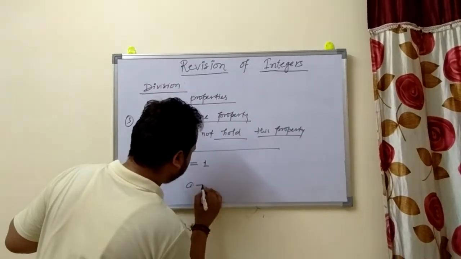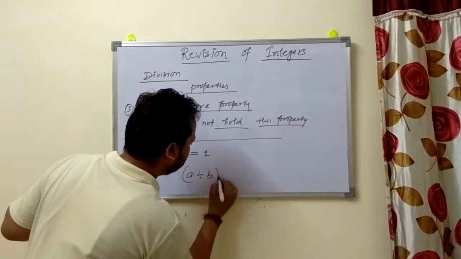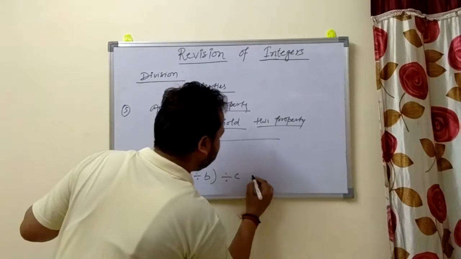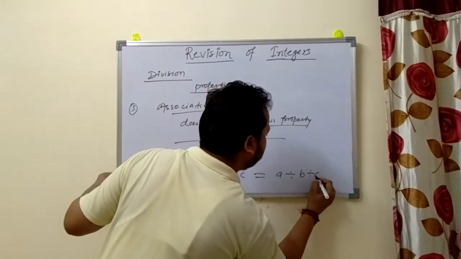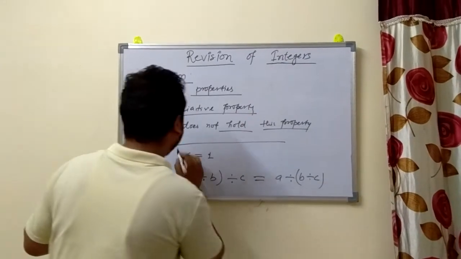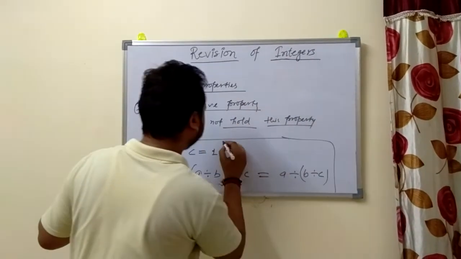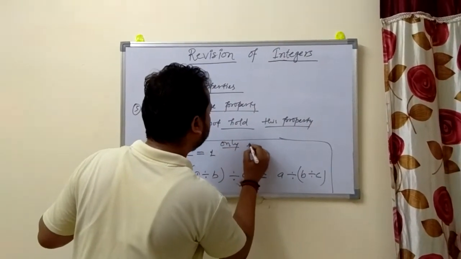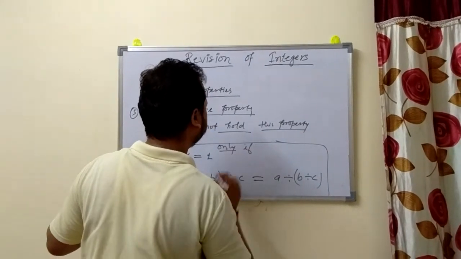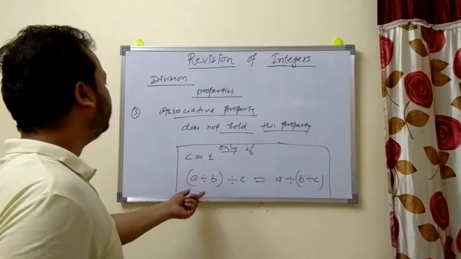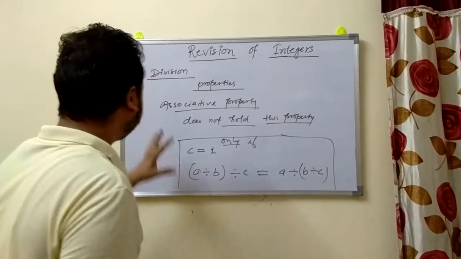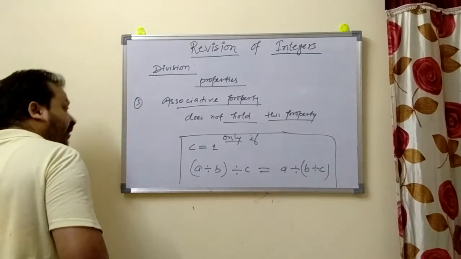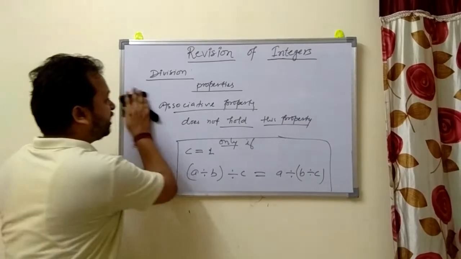Means (a divided by b) divided by c equals a divided by (b divided by c) only if c equals 1, then this holds this property. Right? So send me the example of this. Come to last property.